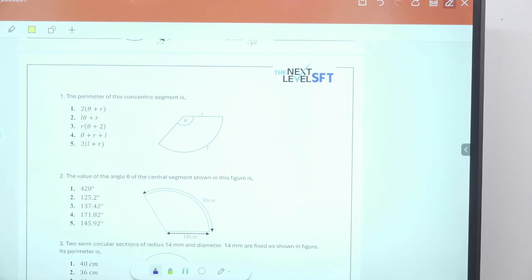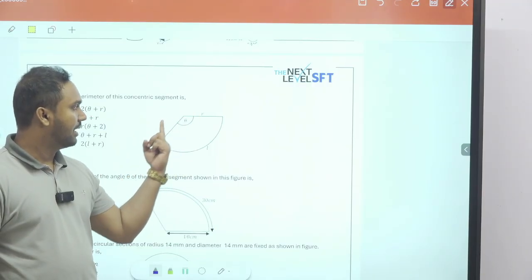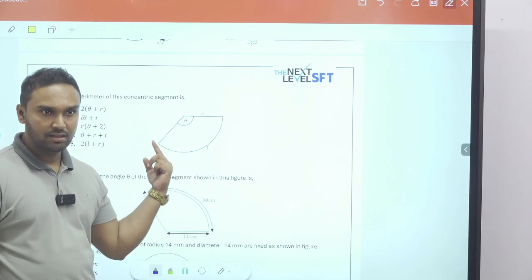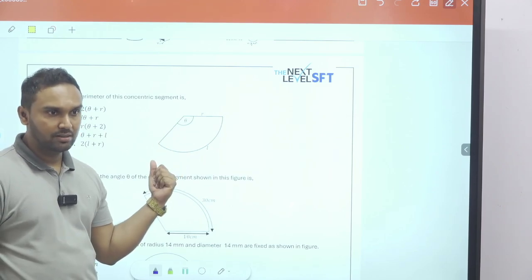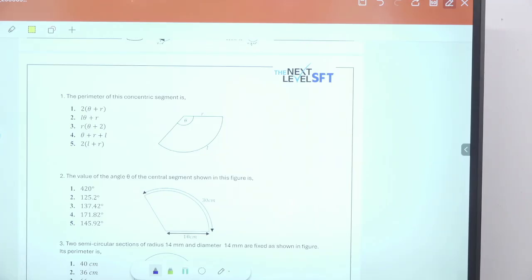The perimeter of this concentric segment is... Find the perimeter. So the perimeter should be the addition of 2R and L, right? But there is no 2R plus L in the answers. So you have to find it in a different way.